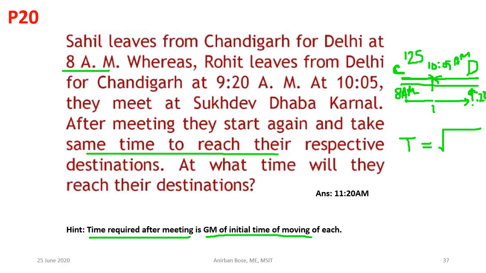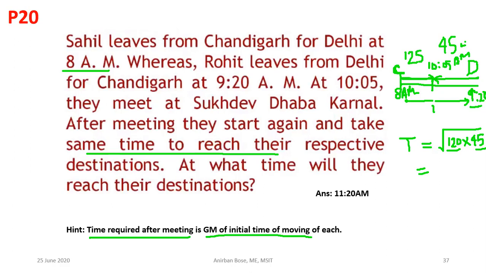And Rohit starts at 9:20 to 10:05, so that is 45 minutes, right? So it will be 125 multiplied by 45. This is the geometric mean of the individual time for the first meet. Okay, so this will be the time required.